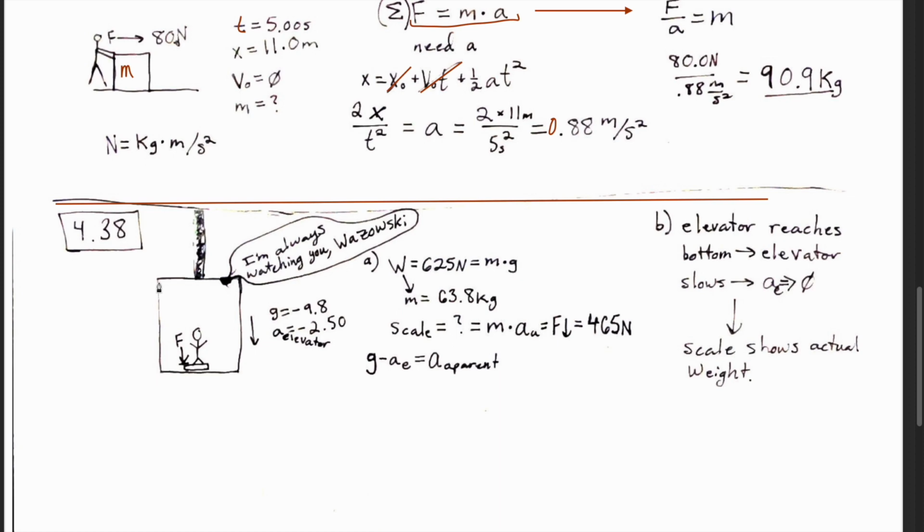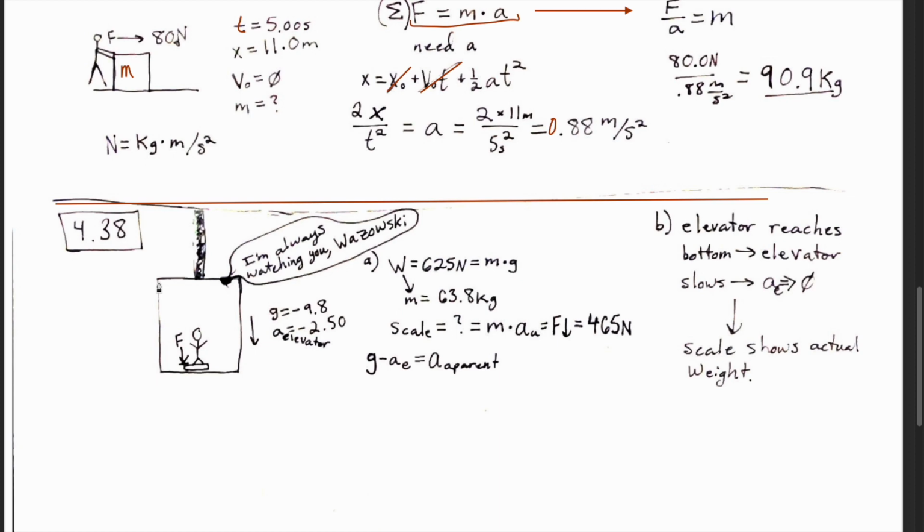Anyway, this question. You walk into an elevator, step onto a scale, and push the down button to go directly from the 10th floor to the 1st floor. You also recall that your weight is 625 newtons. Start each of the following parts with a free body diagram. That's what it says. I did not do that, obviously, but we can draw them out as we continue.